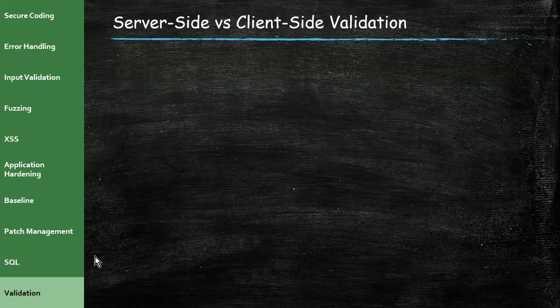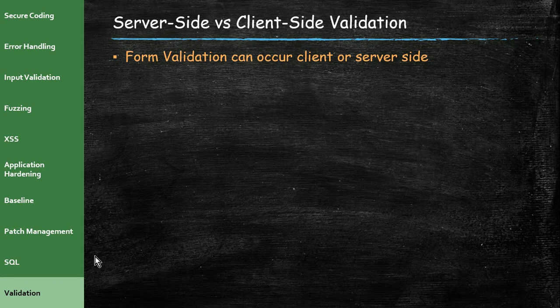Finally, validation. So form validation, in your textbook, they talk about how form validation can occur either client-side or server-side. When we talk about client-side validation, it's usually done using something like JavaScript if it's a web-based application. For client-side applications, it could be a Java applet, it could be a thin client or even a thick client, some code running on the client side.